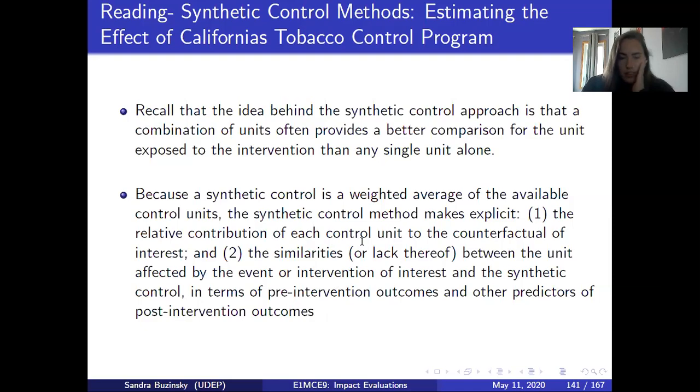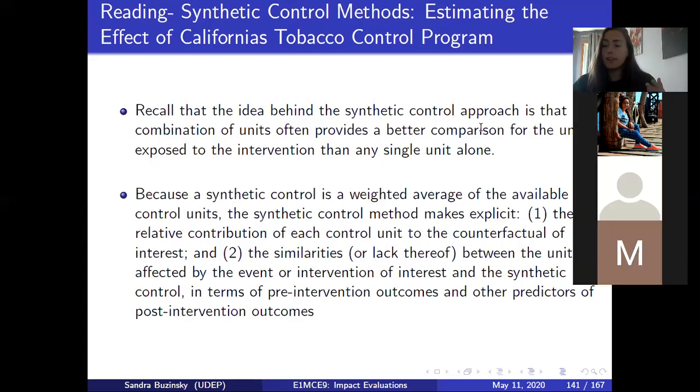So because the synthetic control is a weighted average of the available control units, right? Out of all the different control groups we could use, we make a synthetic control as a weighted average of all of those groups. So this makes it really clear the relative contribution of each control unit to the counterfactual, because we can see how much of a contribution each group is making to create the synthetic control.